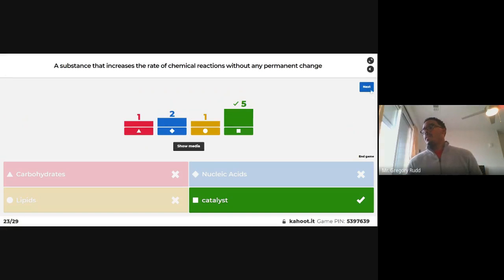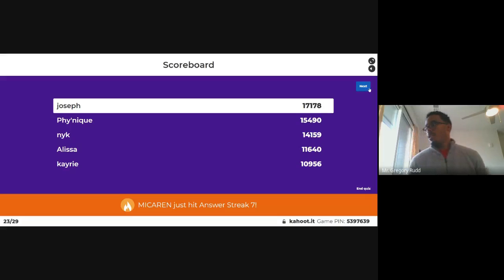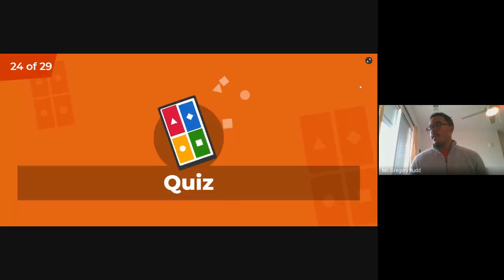The catalyst speeds it up without any permanent damage. What happened, Fanique? Okay, come on, keep going.